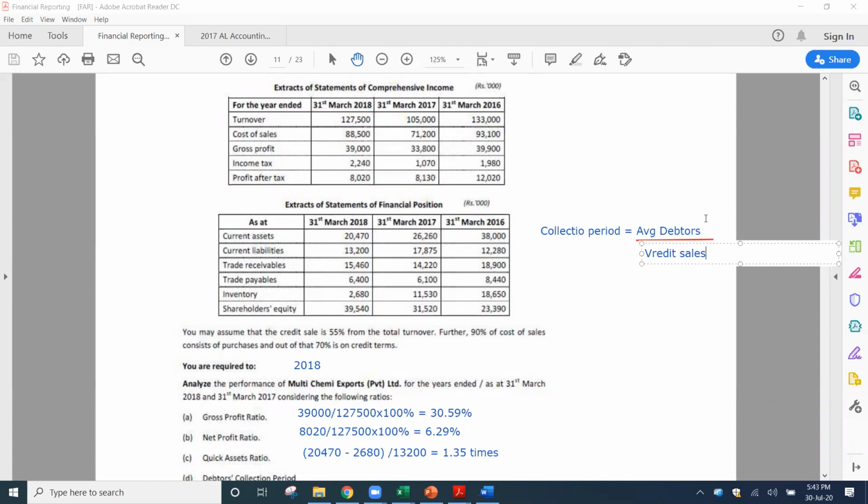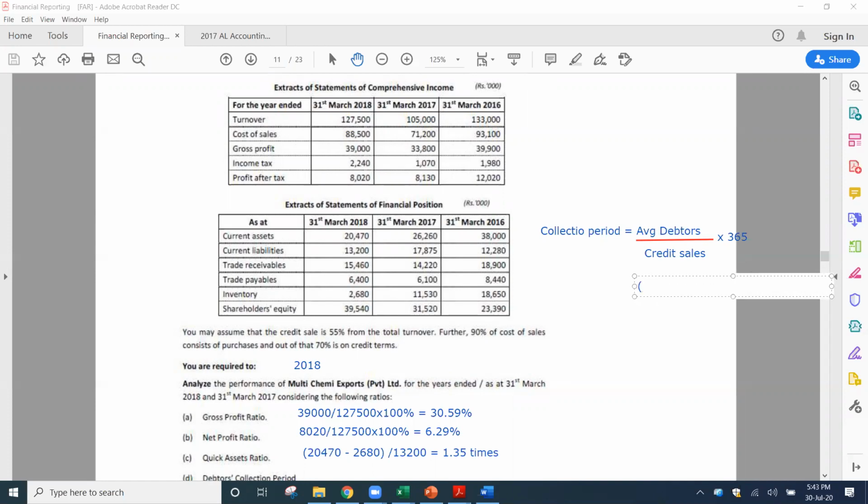So, average debtors divided by credit sales into 365. How many days it takes to collect cash from the debtors? So we need to calculate the average debtors.